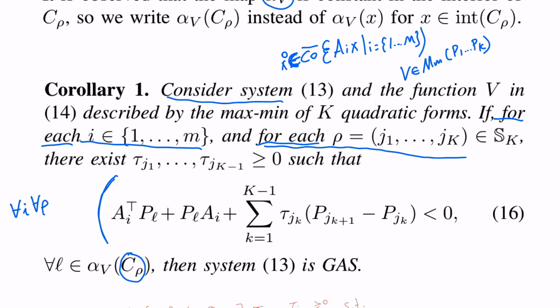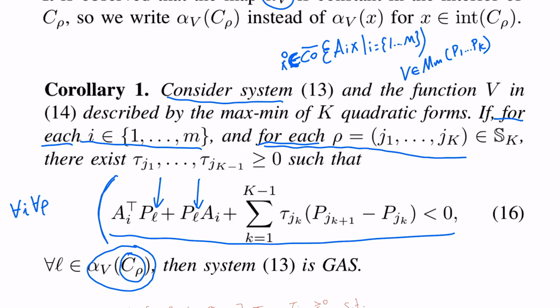And we know that in that subset of the state space, alpha v tells us which Lyapunov functions are active. You compute which Lyapunov functions are active, and then you look at this inequality.